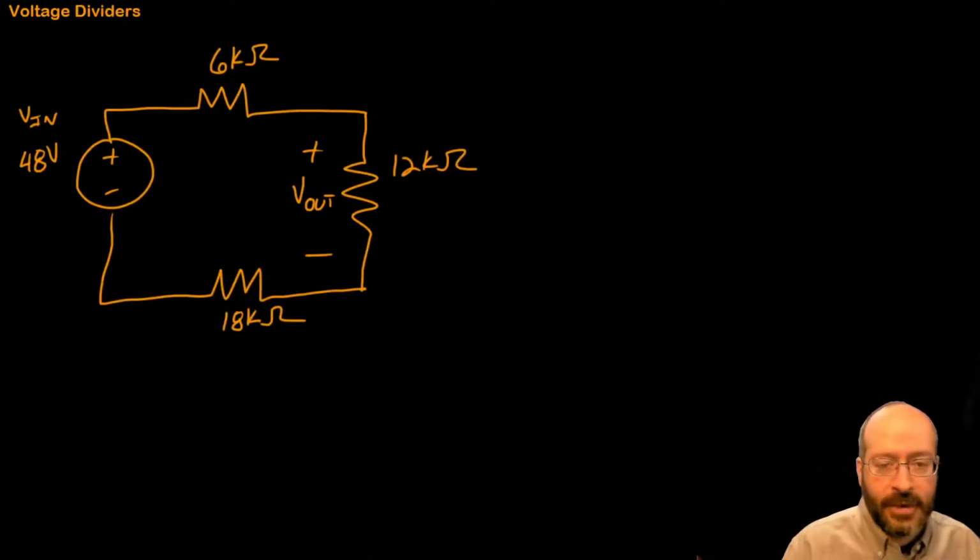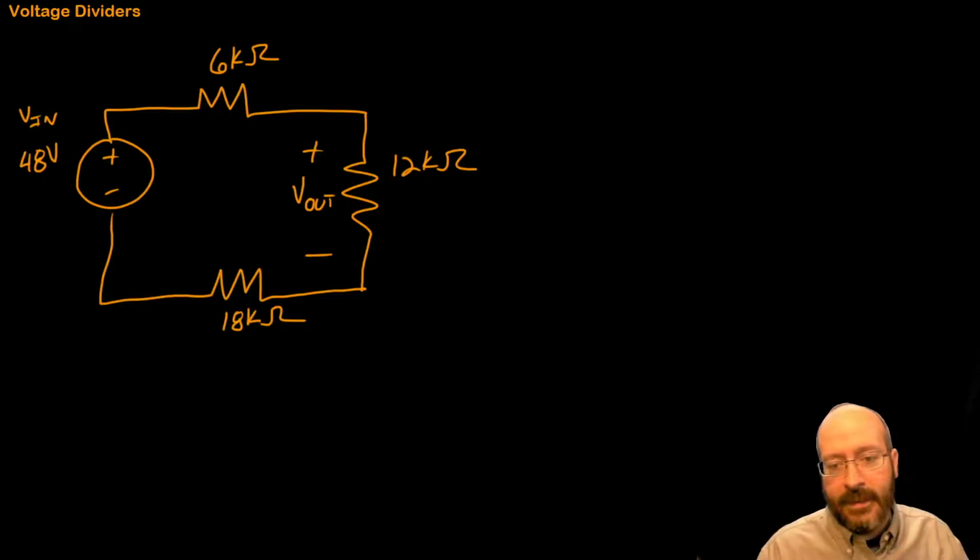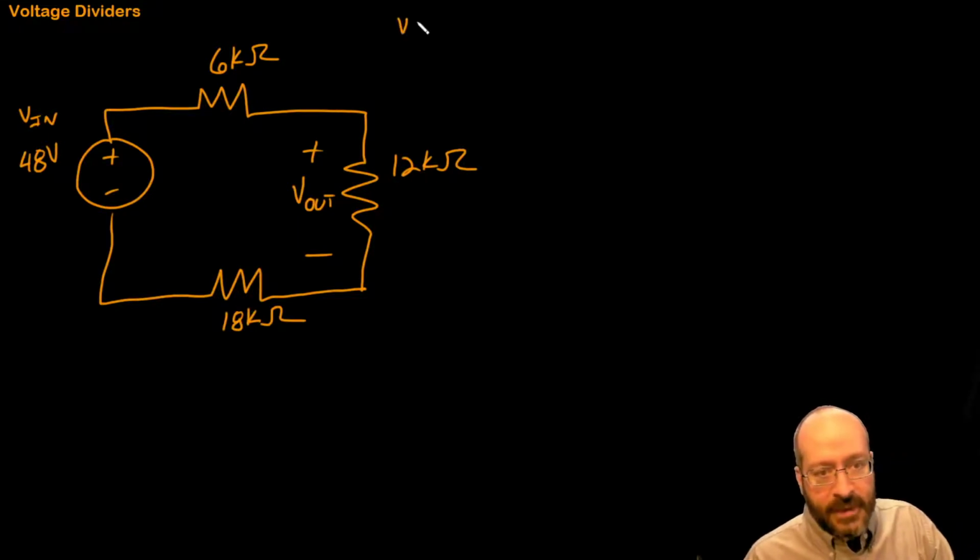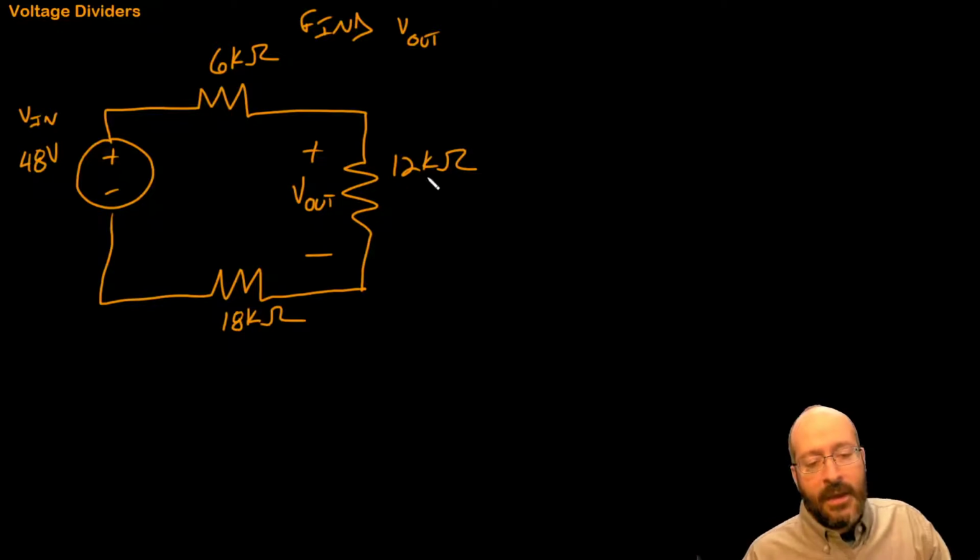Okay, so here's a problem for you up here, and we're going to start out and just say find V out. We're looking for the voltage across the 12 kilo ohm over here, and I've got 48 volts on the left.